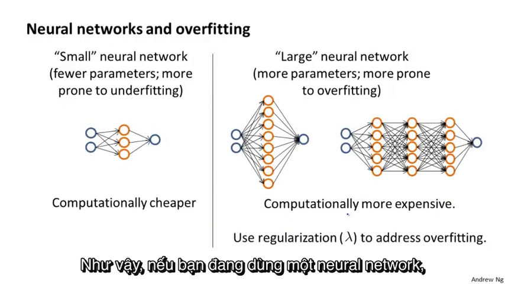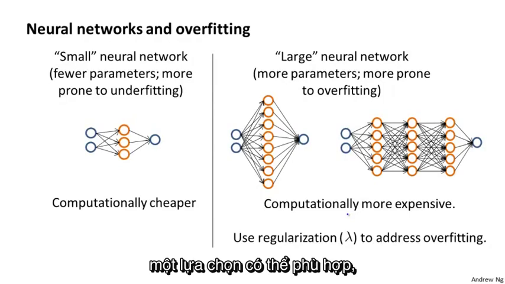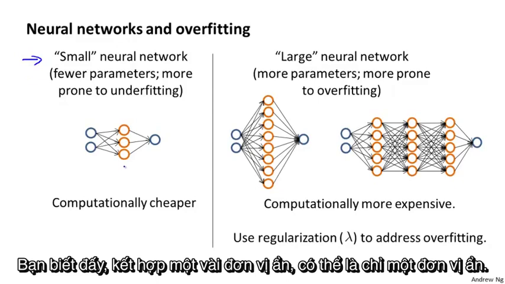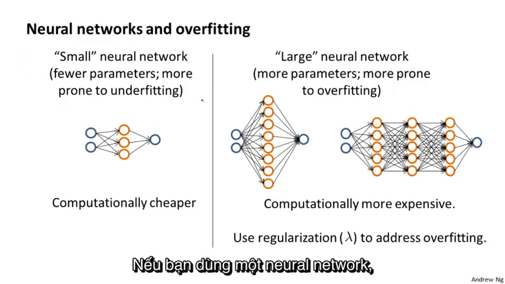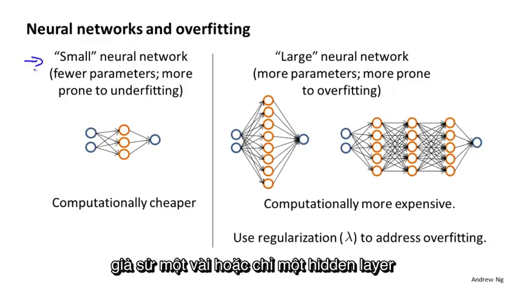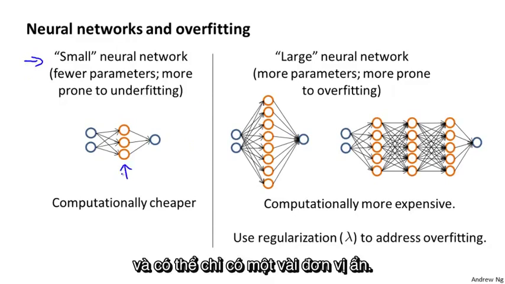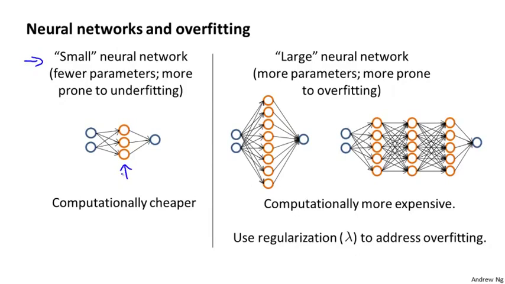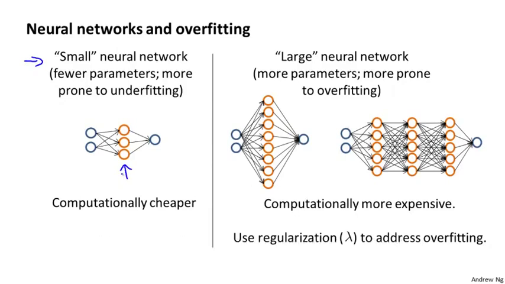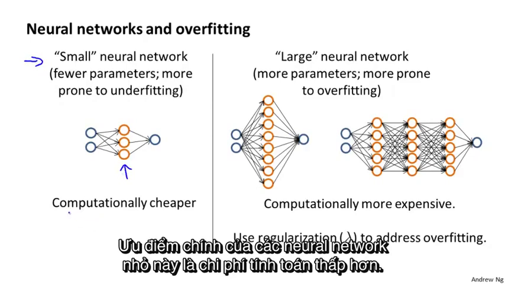If you're fitting a neural network, one option would be to fit a relatively small neural network with, say, only one hidden layer, and maybe only a relatively few number of hidden units. A network like this might have relatively few parameters and be more prone to underfitting. The main advantage of these small neural networks is that they're computationally cheaper.